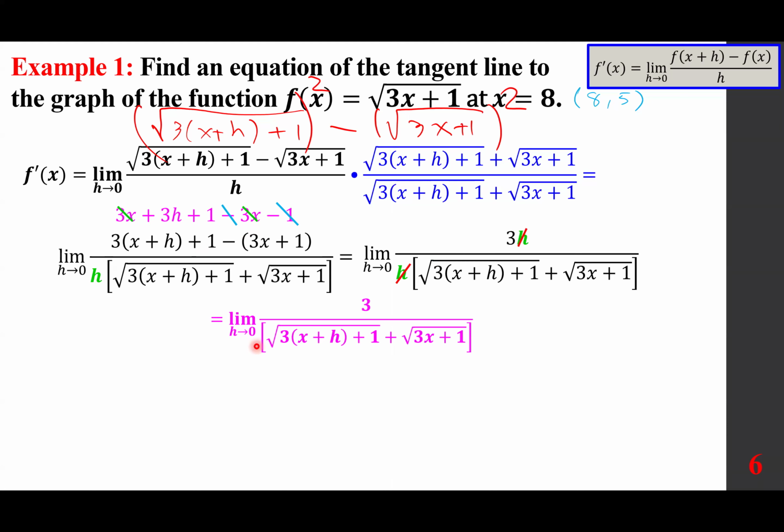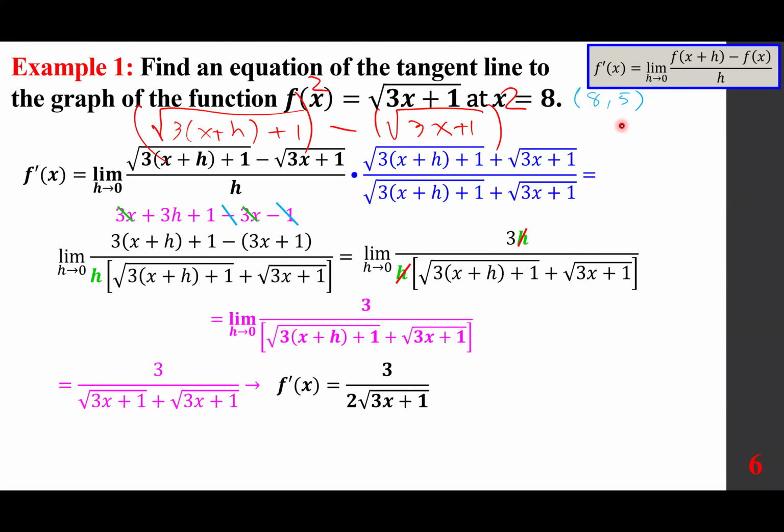And now if you drop the limit and apply h equal to 0, you get the square root of 3x plus 1, which is identical to this one. And therefore, you have two of them in the denominator. F prime of x becomes 3 over 2 square root of 3x plus 1.